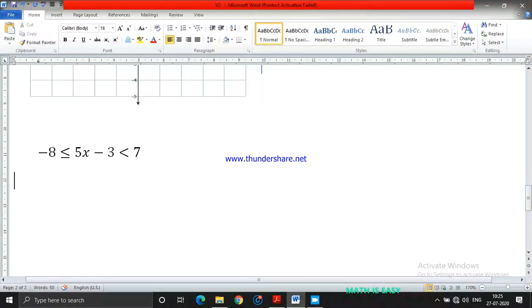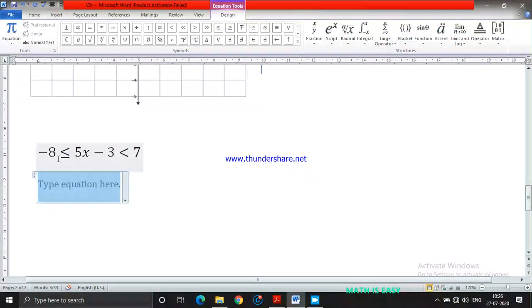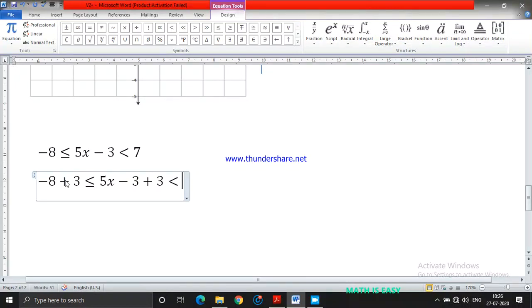In the previous examples, we solved with only one less than sign or one greater than sign, but here we have two. So first add 3 on both sides. You get -8 plus 3 is less than or equal to 5x minus 3 plus 3, is less than 7 plus 3.